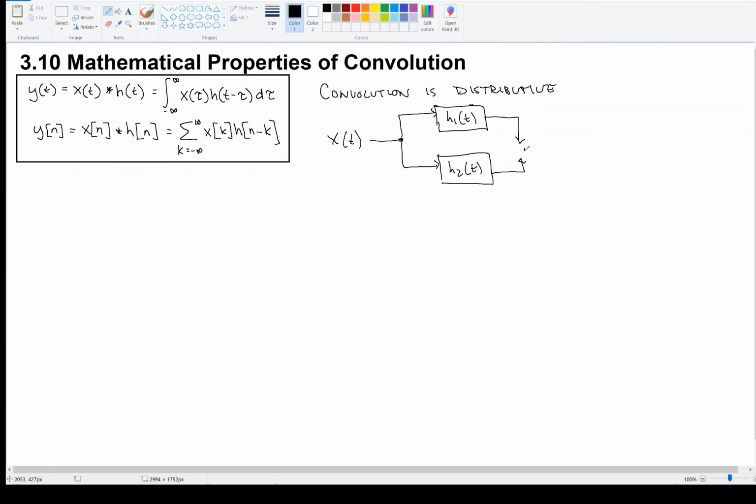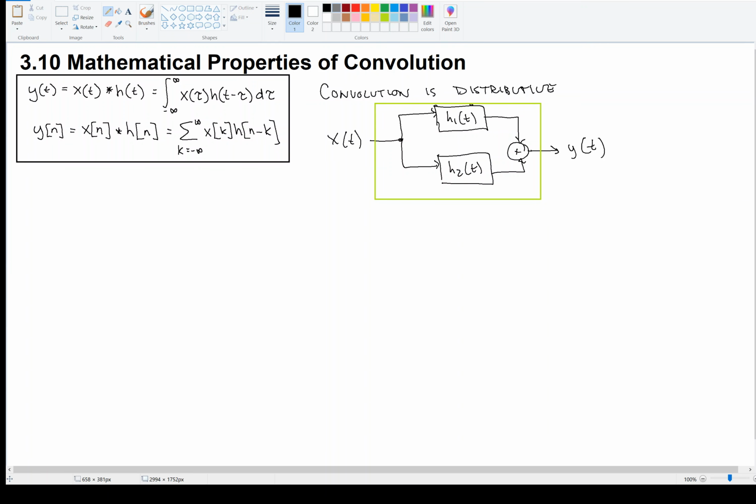And then I added the outputs, and that made y. Okay, this is a parallel combination of two systems. So I might ask, well, what's the impulse response of the overall system? So the overall system is like this thing here, where I input x and I output y.